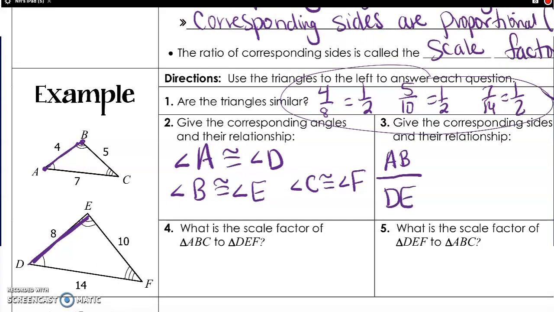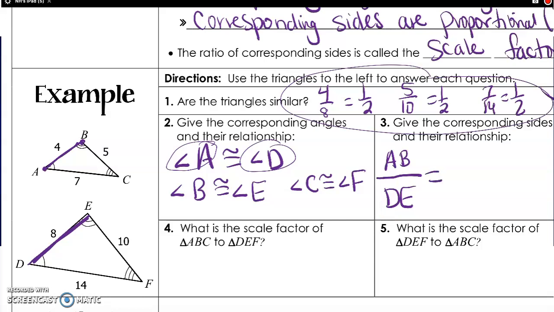And we know this because over here we wrote that angle A corresponds to D. So anytime you have an A, you have to write a D to match it. Anytime you have a B, it has to match with E. So there are all kinds of little things to check to make sure you're doing it in the correct order.